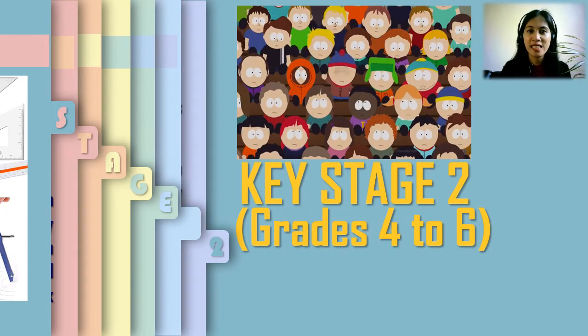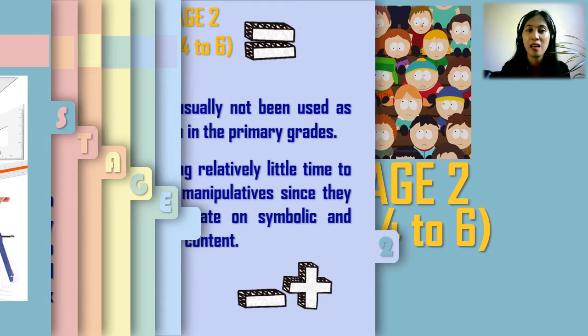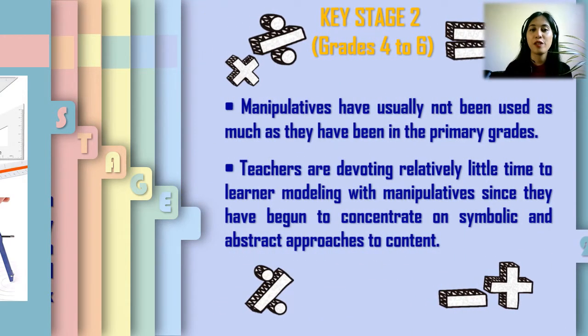As to Key Stage 2, composed of grades 4 to 6 learners, manipulatives have usually not been used as much as they have been in the primary grades. Teachers are devoting relatively little time to learner modeling with manipulatives since they have begun to concentrate on symbolic and abstract approaches to content.